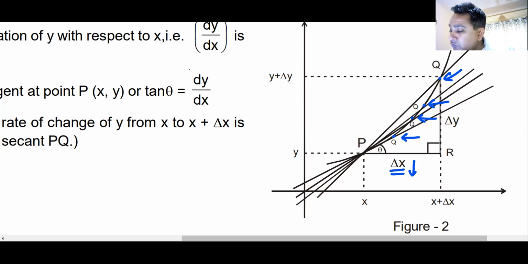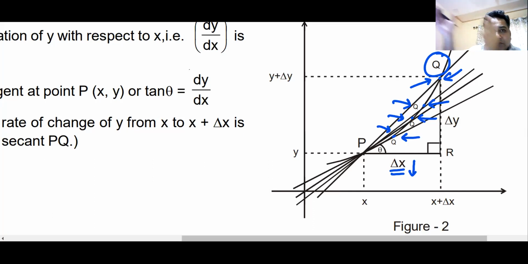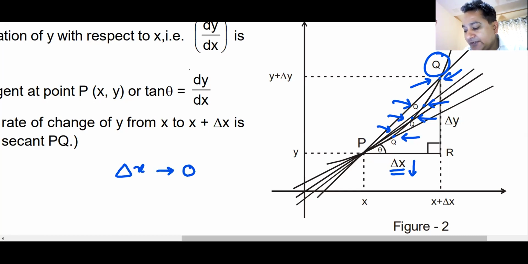This point Q, which was very far away, is now getting closer. Are you getting my point? Point Q comes very close to point P. If I take it so small, we write it like this: delta x arrow 0.